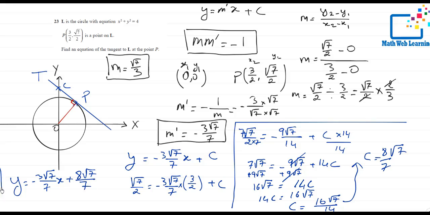And that is your beautiful equation for the tangent. You may be tempted to take root 7 over 7 outside and factorize it. You've done enough. You don't have to do all that. Trust me, in the exam they won't ask you for that.